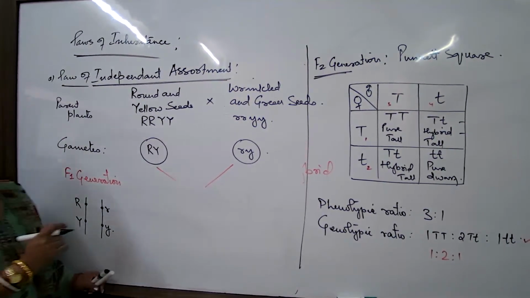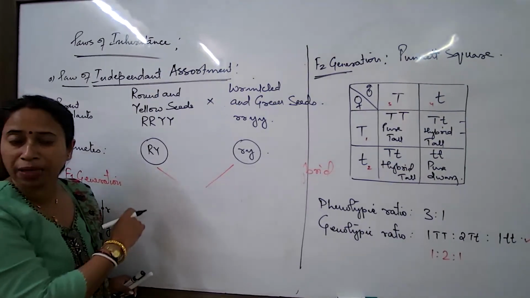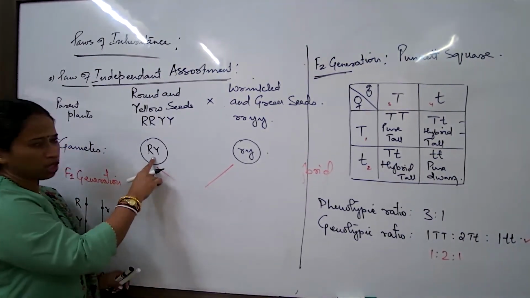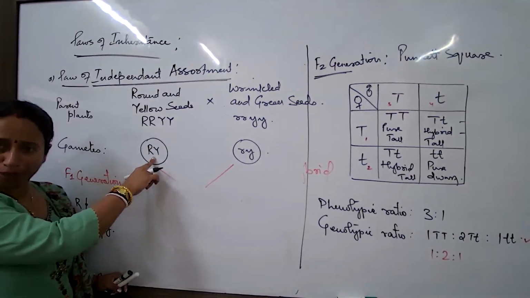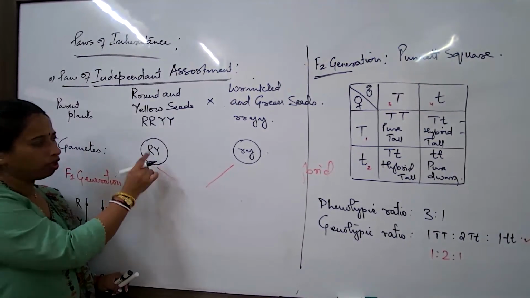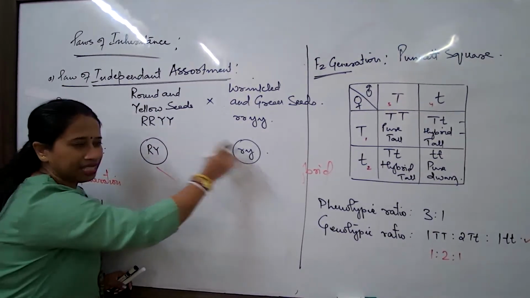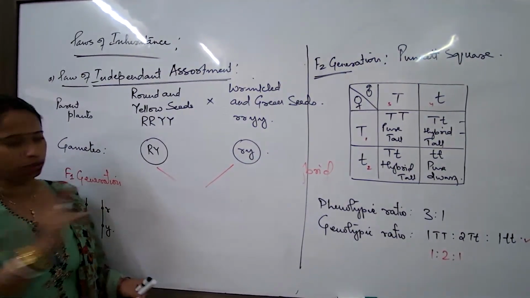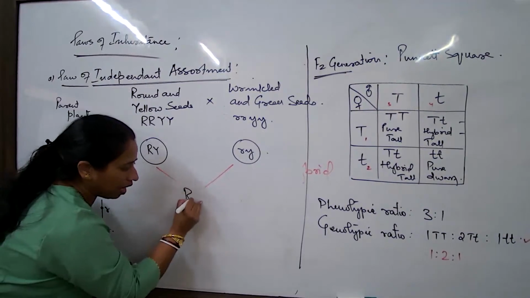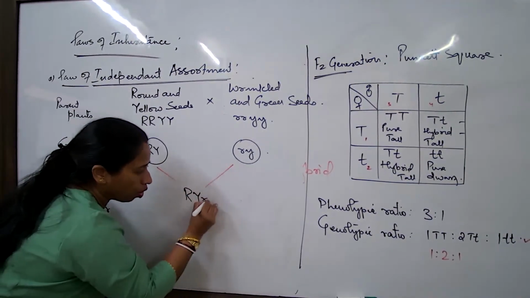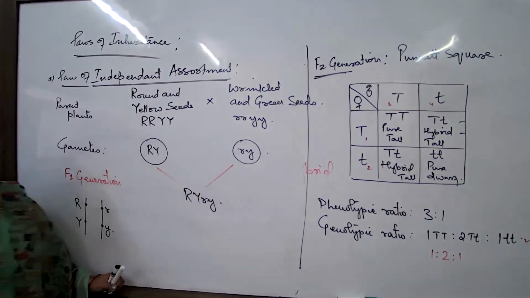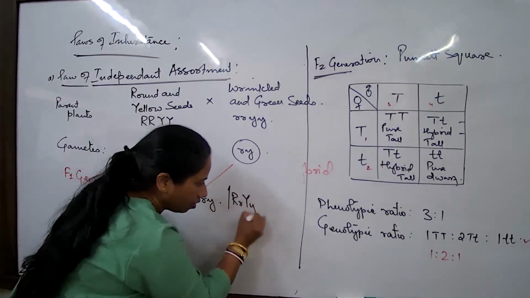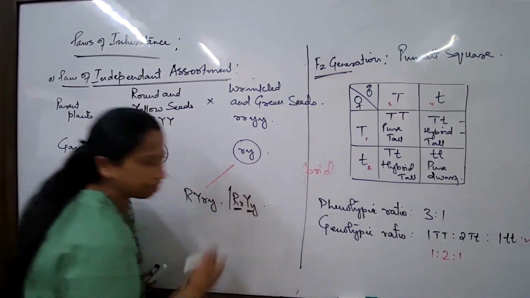How will we write down the genotype? What is the meaning of genotype? Combination of alleles. There are two formats of writing. I would always ask you to write this and then write this, so there is no mistake. Chromosome by chromosome, write: capital R, capital Y, small r, small y. There is another format of writing, where I am writing pair of allele.